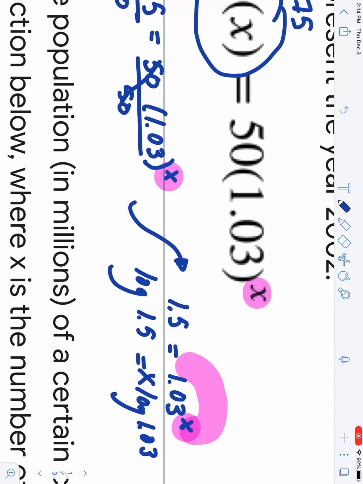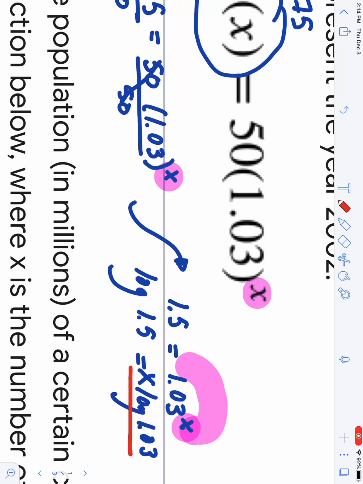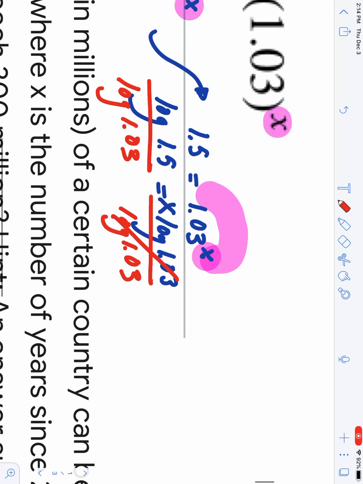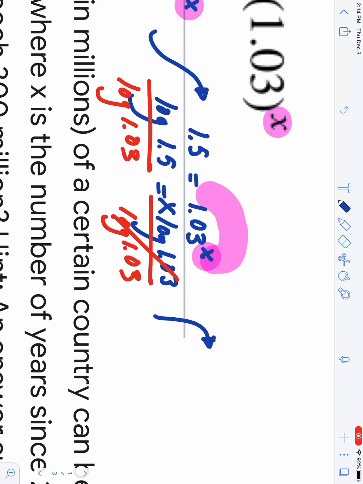So I have x log 1.03. Next, all we have to do to get x alone is divide both sides by the log of 1.03. Take your calculators and most likely pause me right now to do that. If you put it in your calculator, you're going to get that x is approximately 13.7.